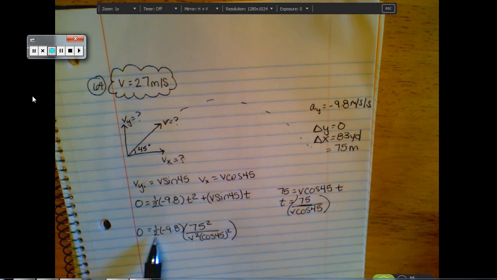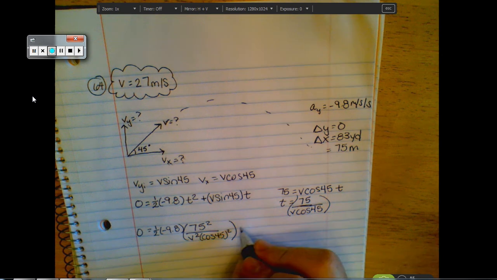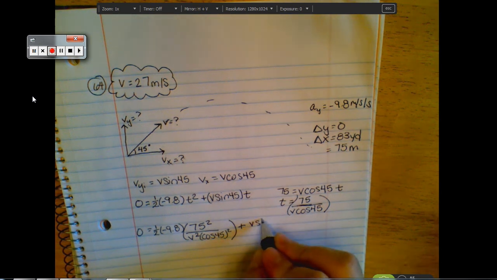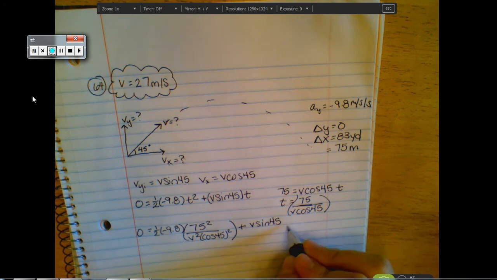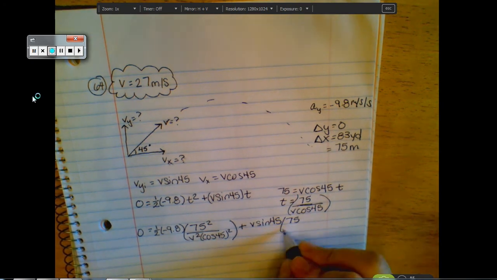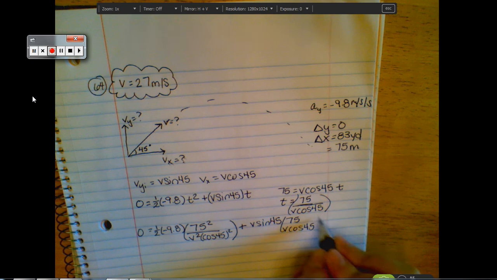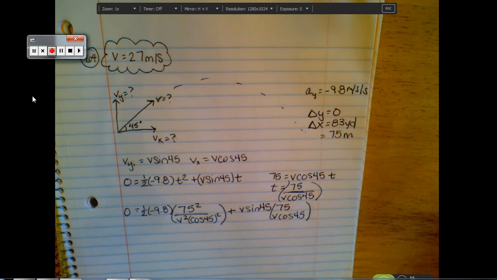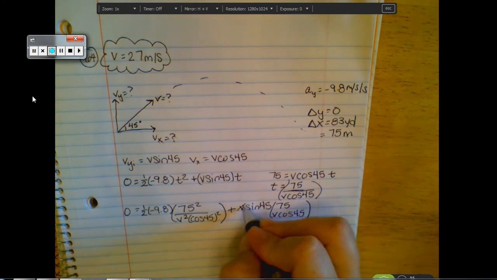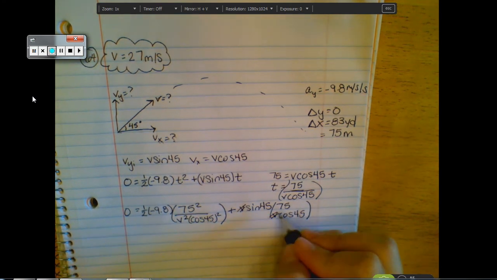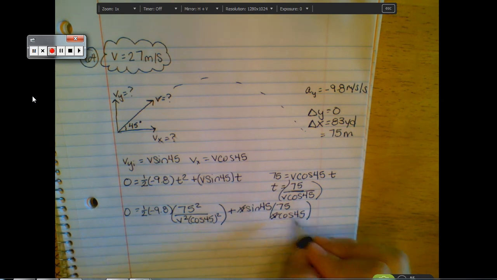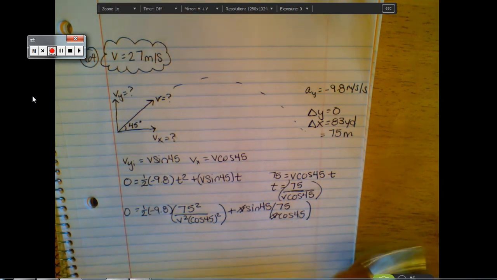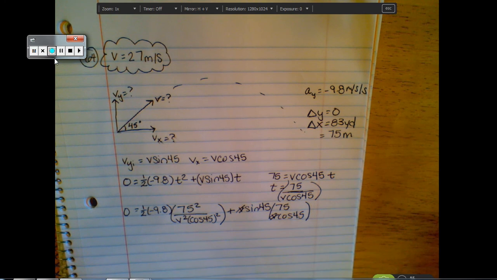Okay, so there's 1/2 a t squared plus V sine of 45 times t, which is 75 V cosine of 45. Now, from here, we're just going to simplify. We have this V is going to cancel with this V. Sine of 45 over cosine of 45, you get the tangent of 45. And then here we have 75.